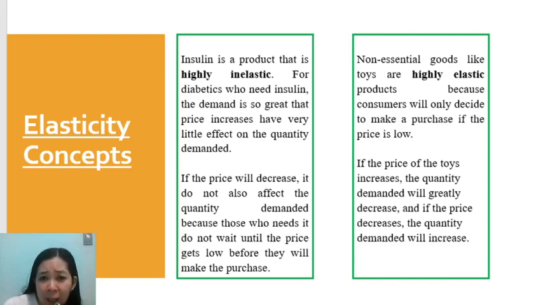For diabetics who need insulin, the demand is so great that a price increase will have very little or no effect on the quantity that they demand, because they have no choice but to purchase it. It's very important to maintain their normal blood sugar, or else their health will be at risk.